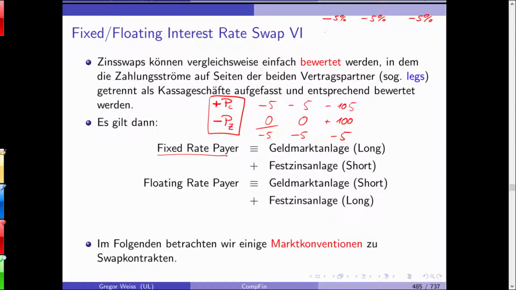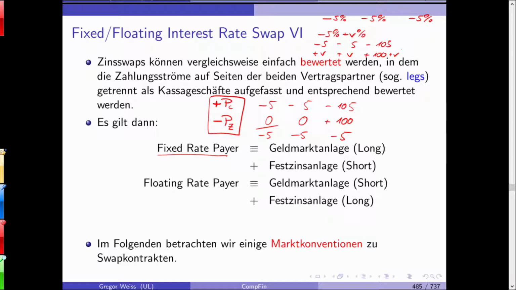Now, what I meant here is, obviously, if you are buying it, your total position is -5% plus V%. And this is the same idea. It's just the combination of -5, -5, -105, and plus V, plus V, plus 100, plus V. With Geldmarktanlage and Festzinsanlage, the distinction can be made that these are variable and fixed income products.